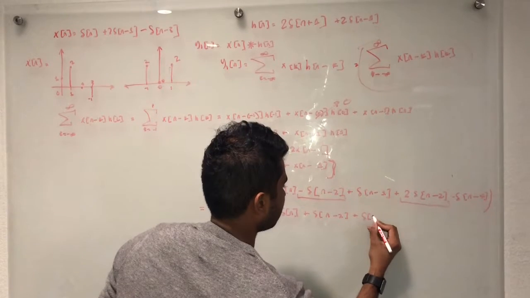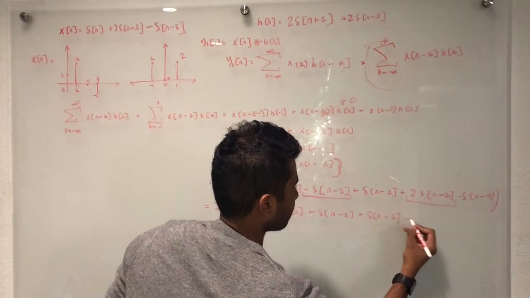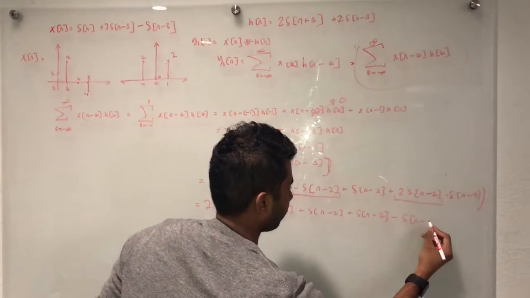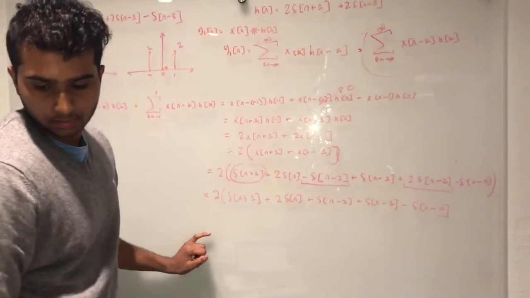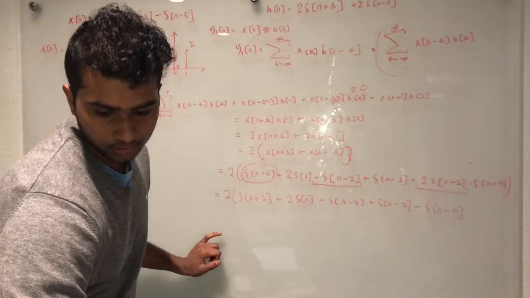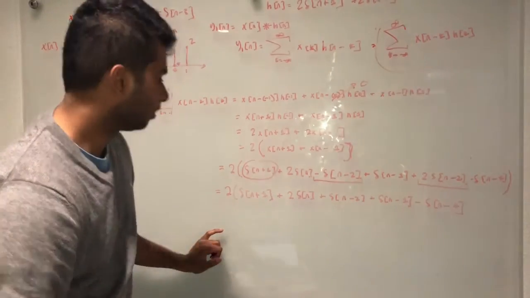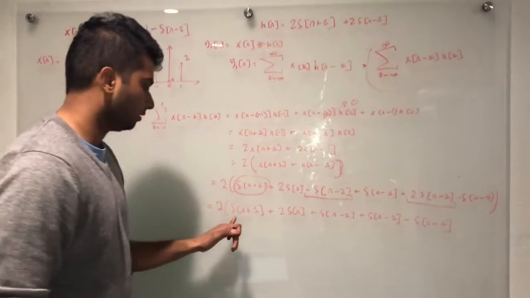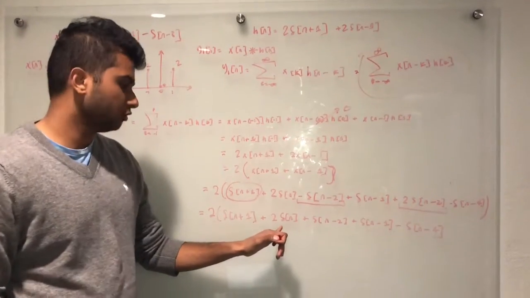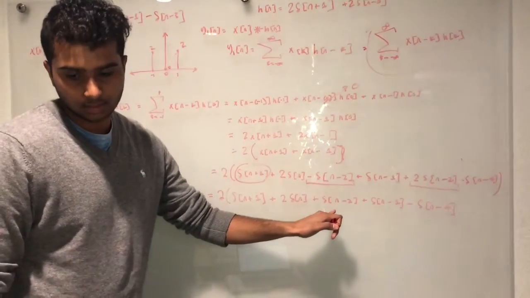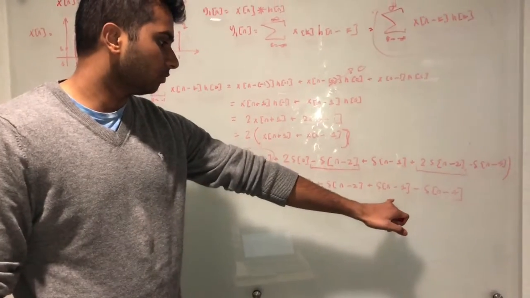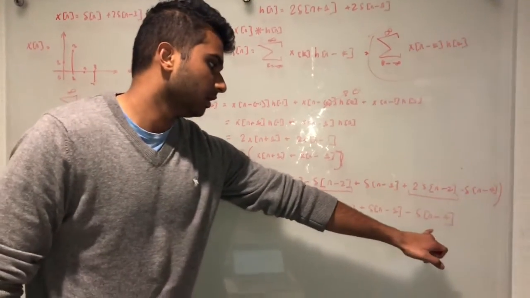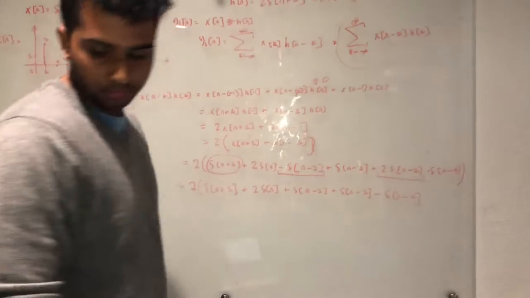So this is the overall function: del n plus 1 times 2, del of n plus del of n minus 2, plus del n minus 1, minus del n minus 4.